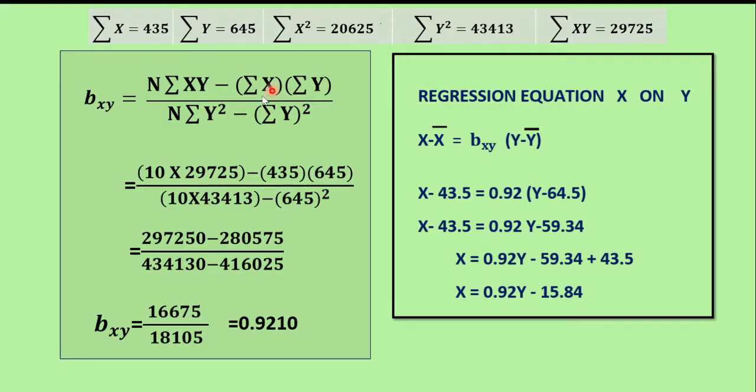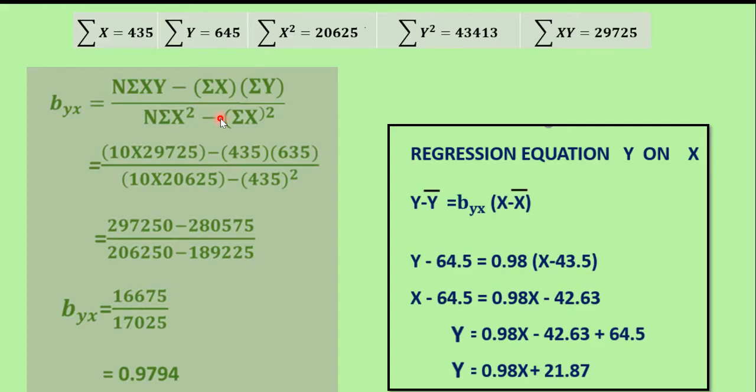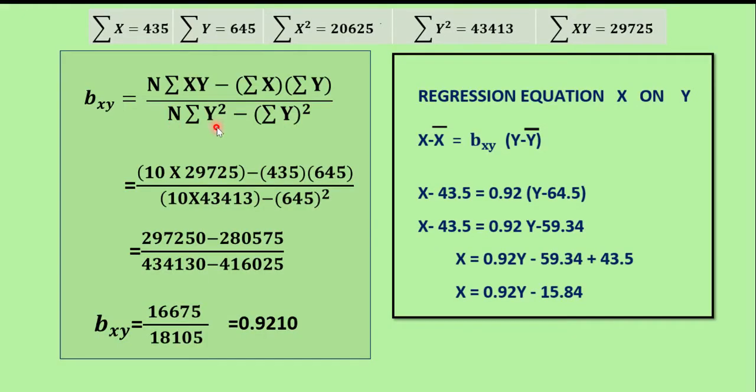You have to find summation x, summation y, y square, x square, and xy. X and y are given. So you have to add all the x for summation x, and add all y for summation y. Then you have y square, and in the formula you have x square.